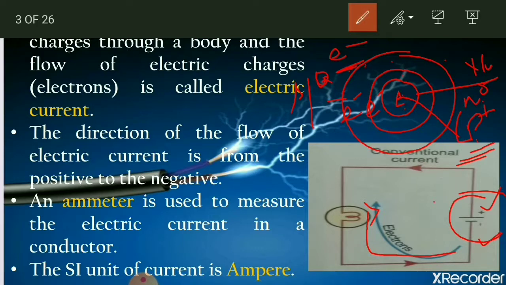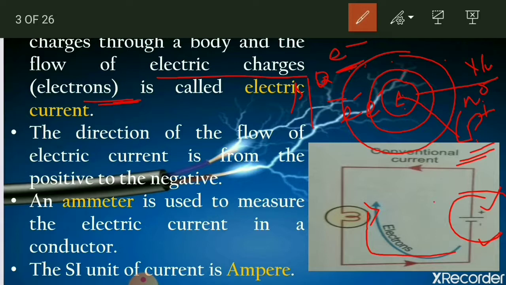When electrons start moving from the negative terminal to the positive terminal, then one energy, that is electrical energy, will start moving in the opposite direction. That is why we can say that electricity is just the movement of charges through a body, and the flow of electric charges, that is electrons, is called electric current. So this is a simple circuit where electrons are moving from negative terminal to positive terminal.